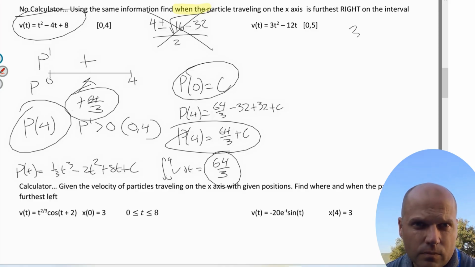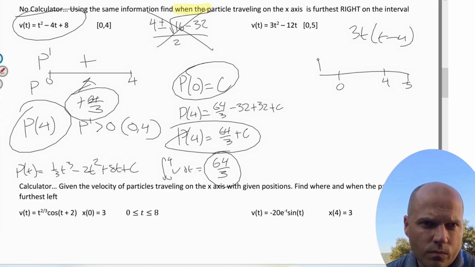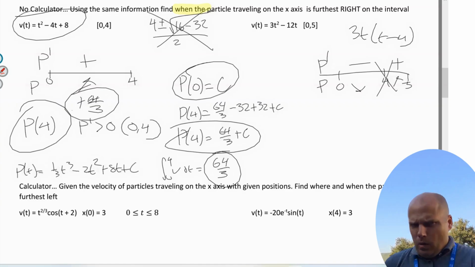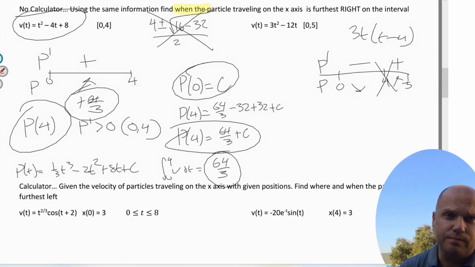Cool. I feel like I did this problem. All right. It's either 0 or 5. It's not 4. That's a min. I'm furthest right.